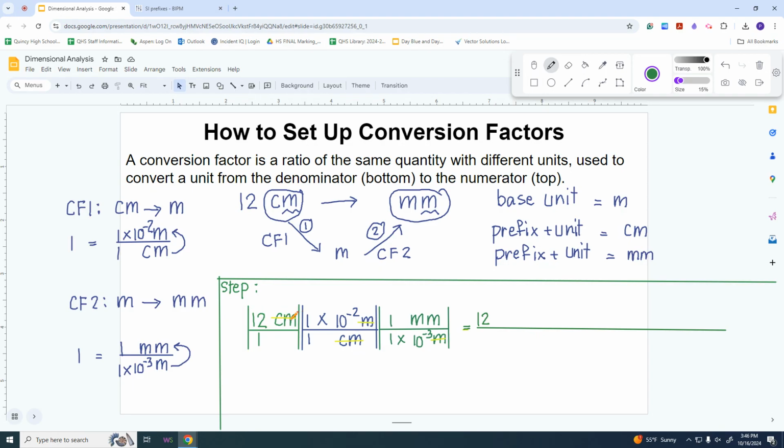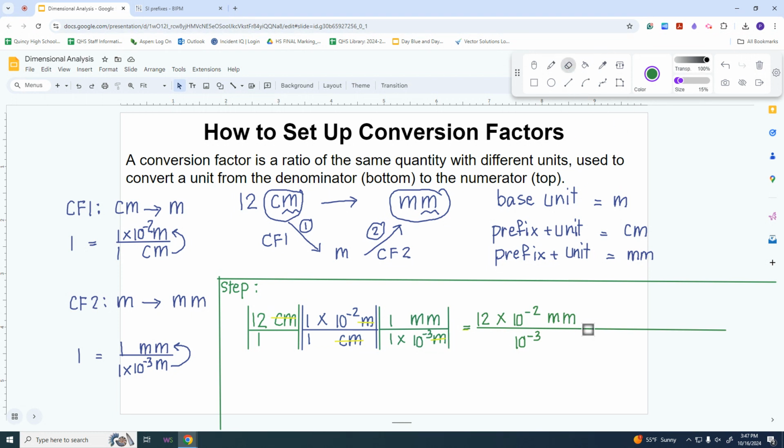No, cm got cancelled. 1 you don't have to put, times 10 to the negative 2. Meter already got cancelled. 1 you don't have to put, and then millimeter on the top, mm. Now at the bottom, you have 1 cm got cancelled, and then 10 to the negative 3. There is no unit at the bottom, okay.